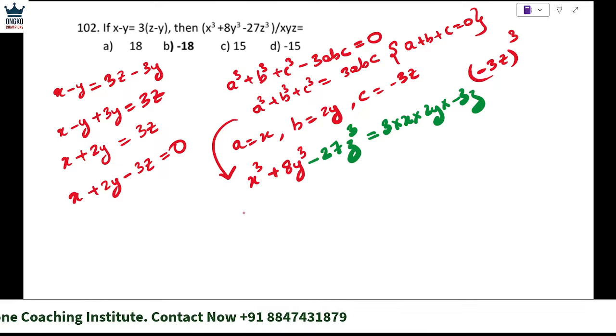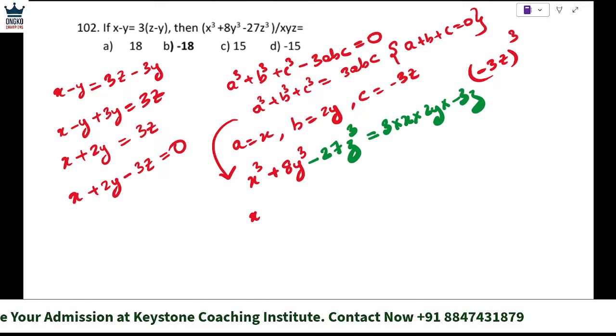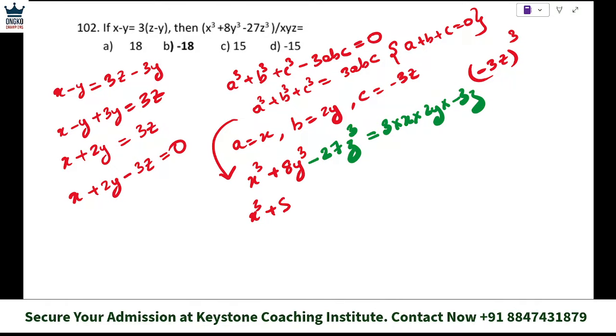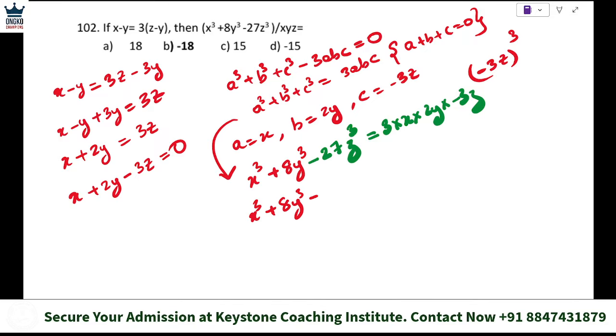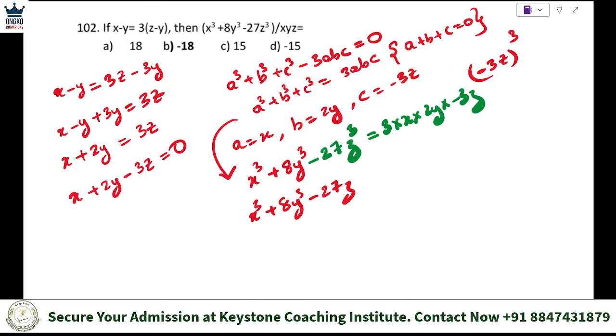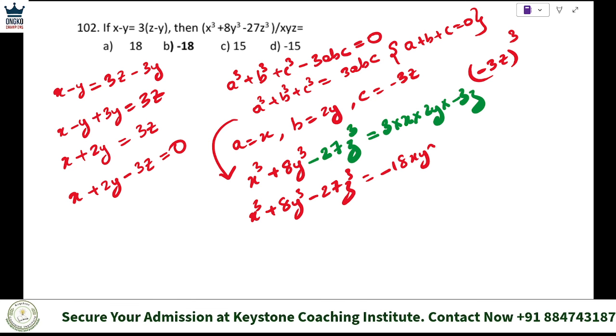Alright, so here we have x cube plus 8y cube minus 27z cube is equal to 3 into 6, 6 3s are 18. So minus 18xyz.